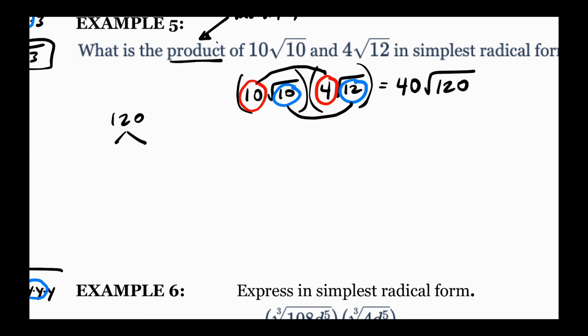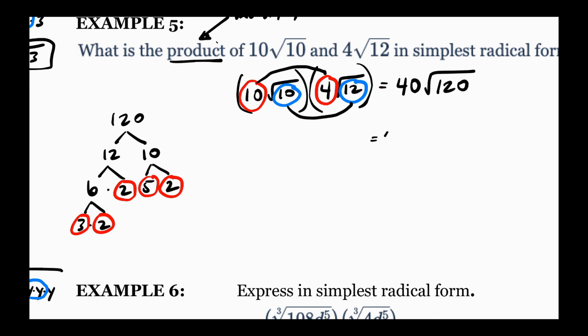Got a 0, multiply times 10. So 120 breaks down to 5 times 3 and then 3 2s.